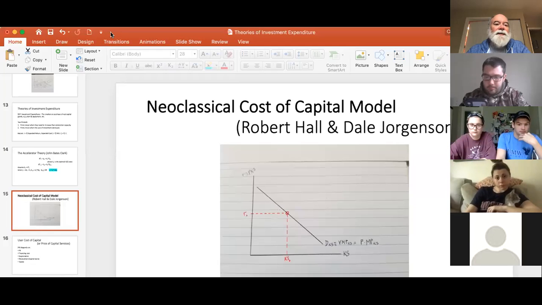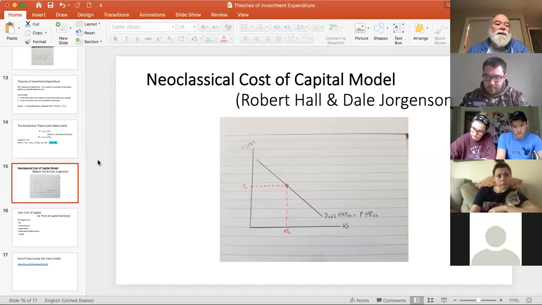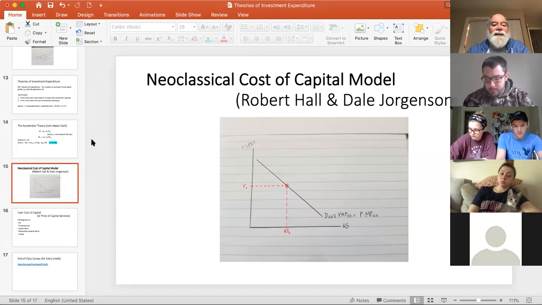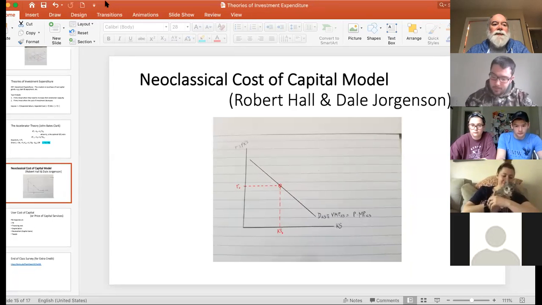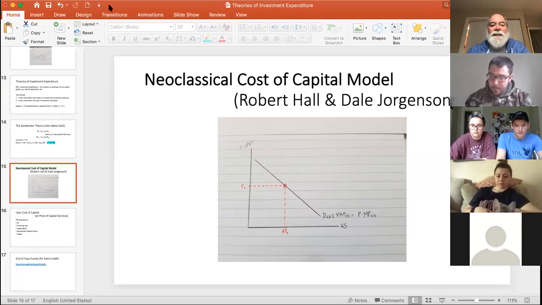The first thread looks at demand, and the second thread looks at the cost of investment. The one that takes this latter to the extreme case is the neoclassical cost of capital model, which was created by Robert Hall and Dale Jorgensen in the early 1960s. I believe it was 1963 when they came out with their first paper.